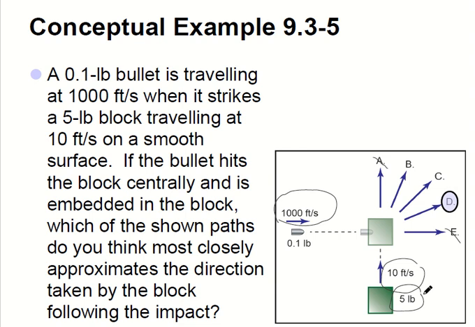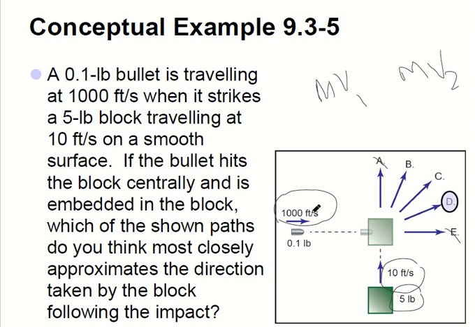So when you think about it, you can calculate the momentum going this way and the momentum going that way by using mv, and of course your initial and then your final.